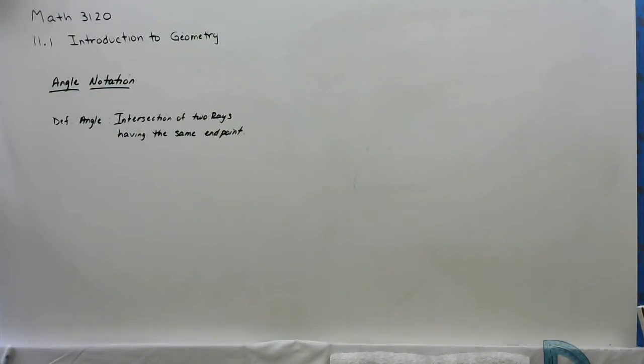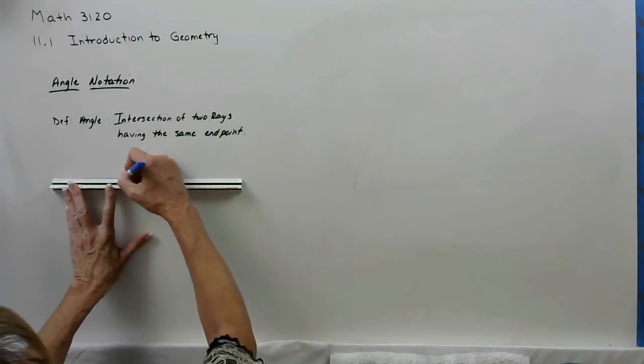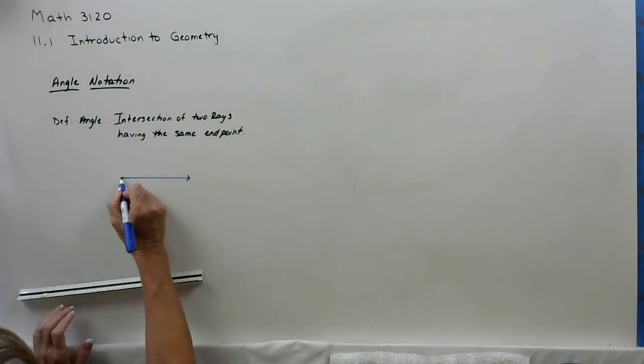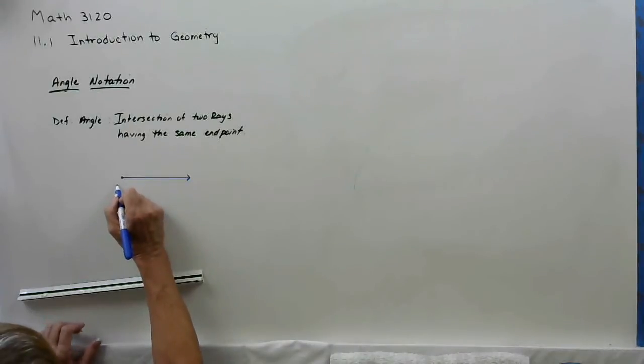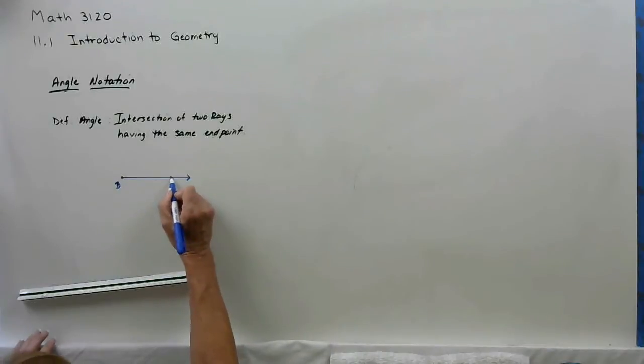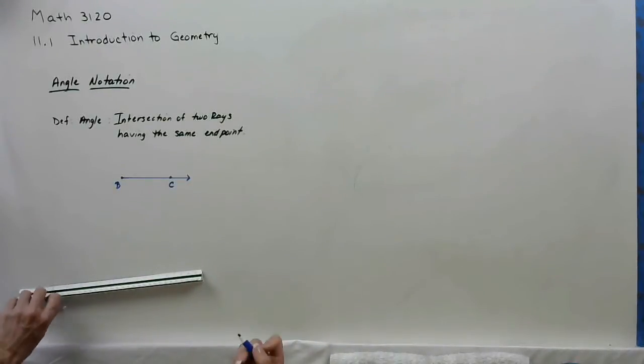All right, so if I'm constructing this, let's say I have an initial side. Here's one ray. I'll call this point B, and I'll call this point C so that we have our ray.